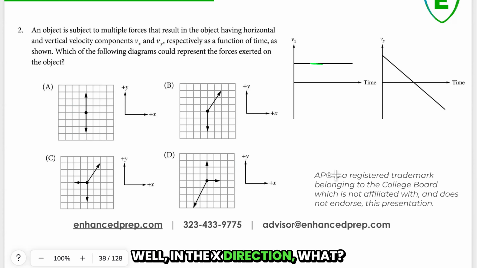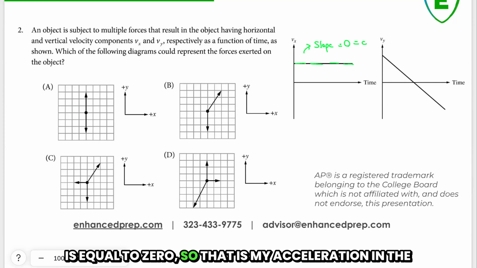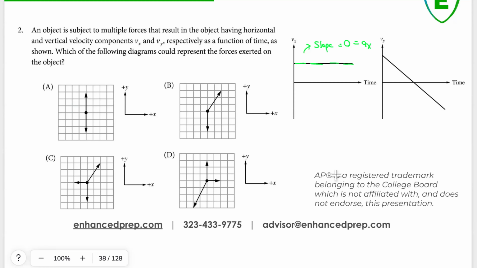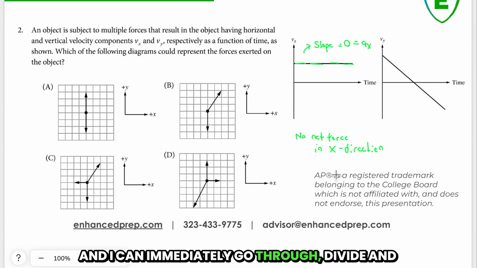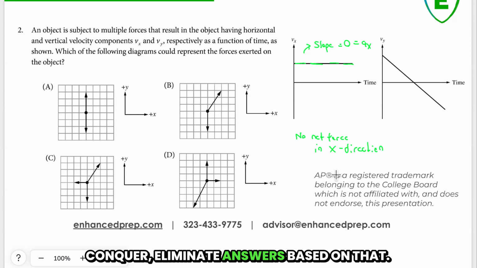In the x direction, this is flat, so my slope is equal to 0. That is my acceleration in the x direction. So there is no net force in the x direction.